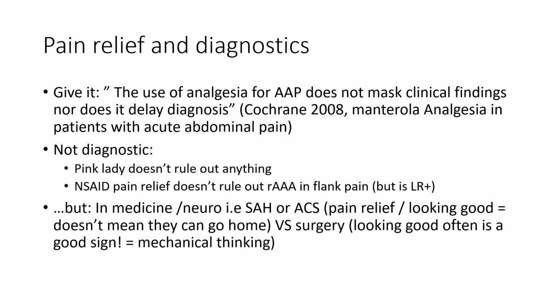And there was this Cochrane paper from 2008 that says that the use of analgesia for acute abdominal pain does not mask clinical findings, nor does it delay diagnosis. So according to this paper, it's unethical to not give pain medications at triage just because you want to be more diagnostically sure. It doesn't hold in the evidence-based medicine bucket of epistemology.